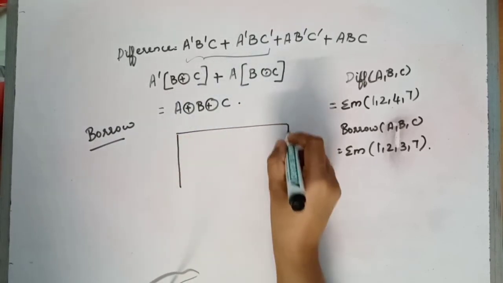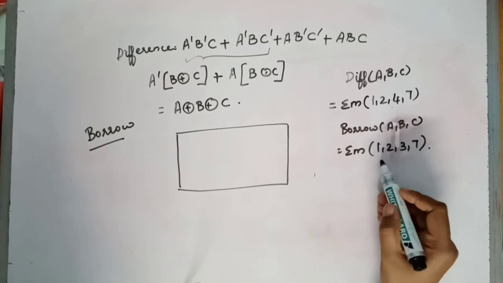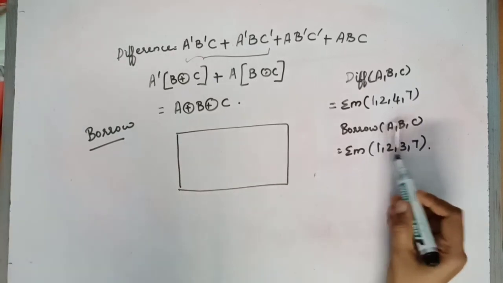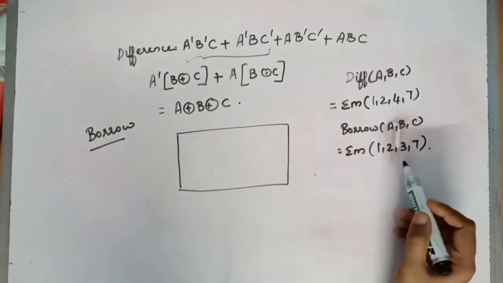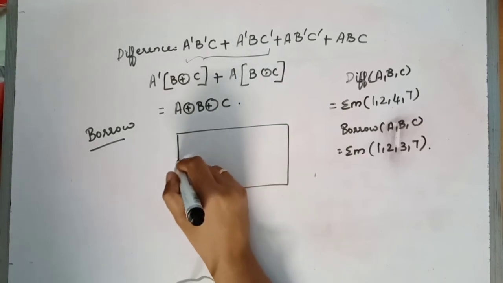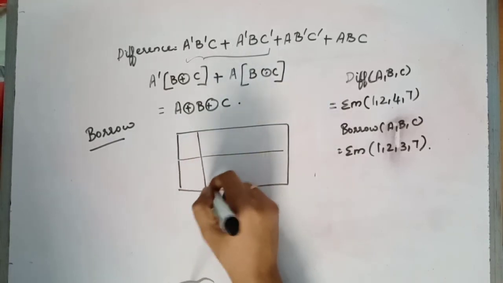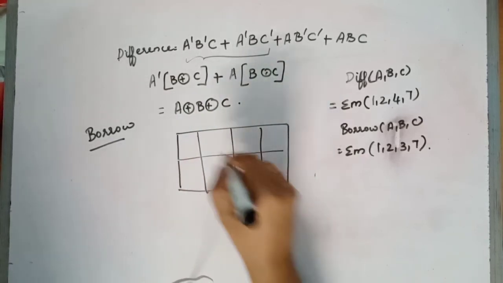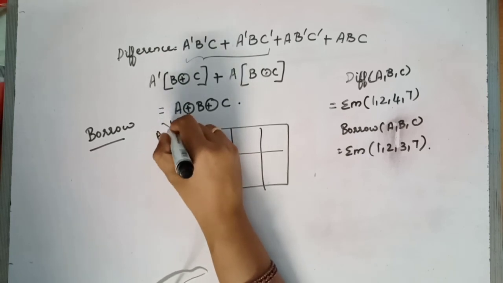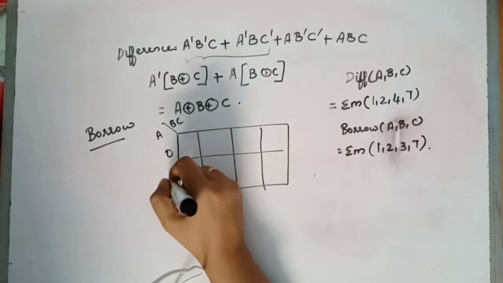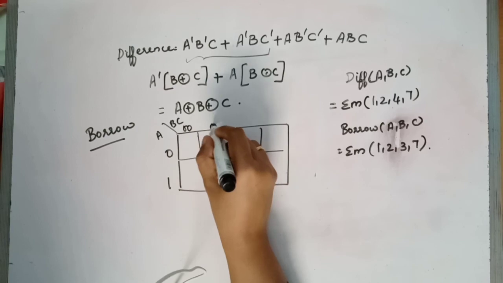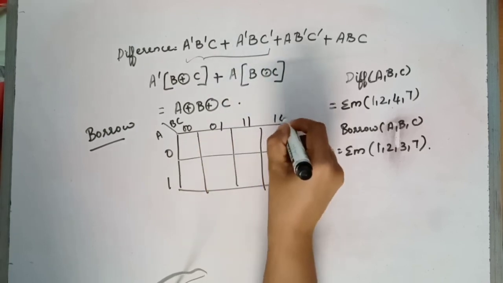Borrow, you have adjacent cells: 1, 2, 3, where 2 and 3 are adjacent cells. So you will be able to group it. A, B, C: 0, 1, 0, 0, 0, 1, 1, 1, 1, 0.